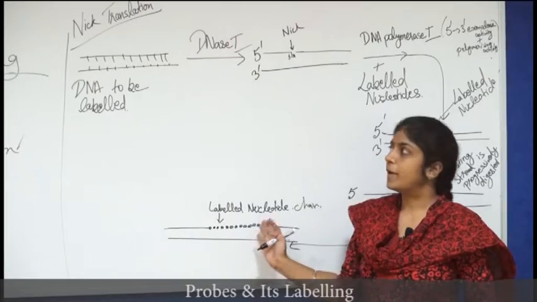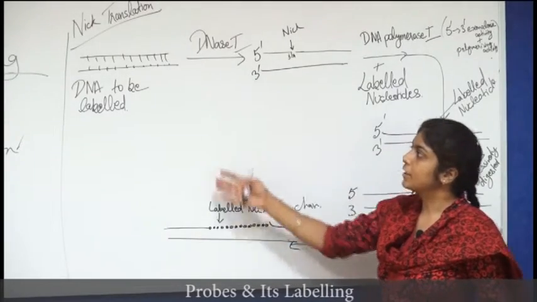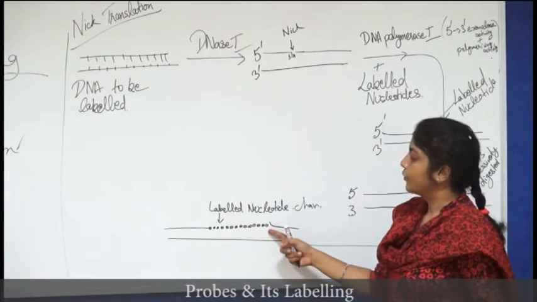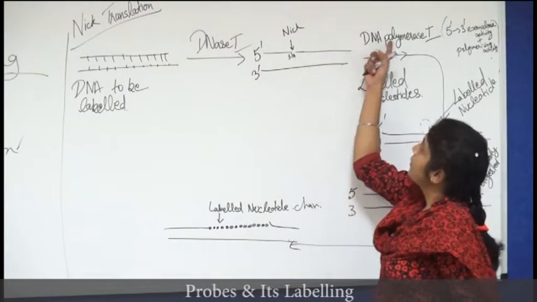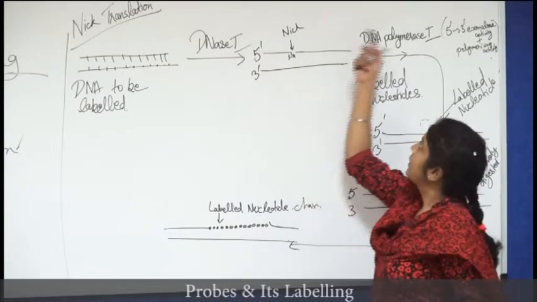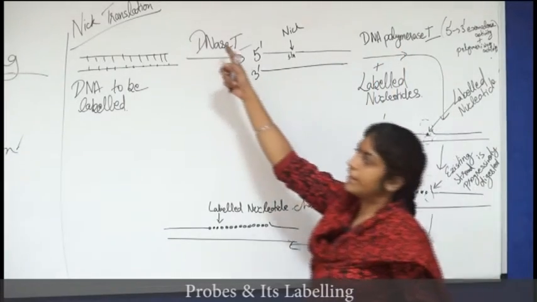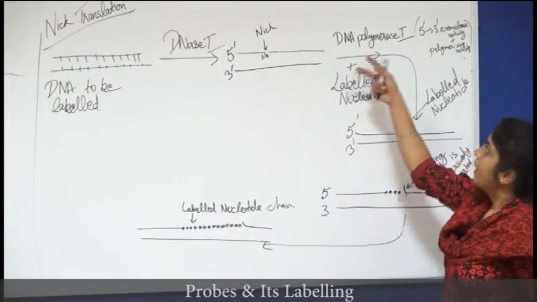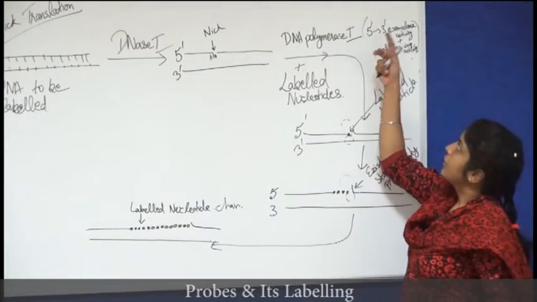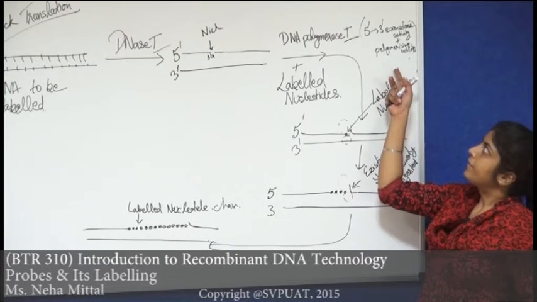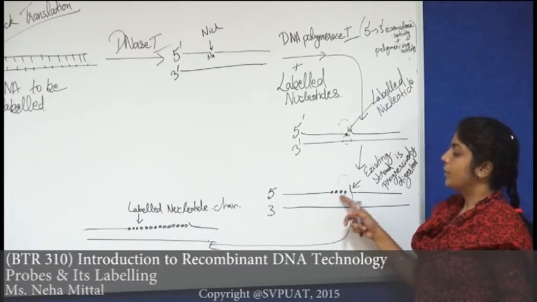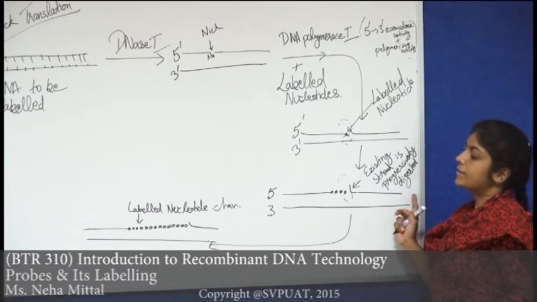So, in this way, by using the nick translation method, we are labeling the unlabeled DNA with labeled nucleotides. Two enzymes are used in this process. First of all, DNase 1 and then DNA polymerase. DNase 1 introduces the nick in the existing double stranded DNA, and DNA polymerase, using its polymerizing activity and exonuclease activity, is adding the labeled nucleotides and replacing the existing strand.